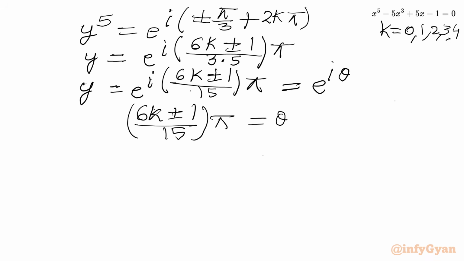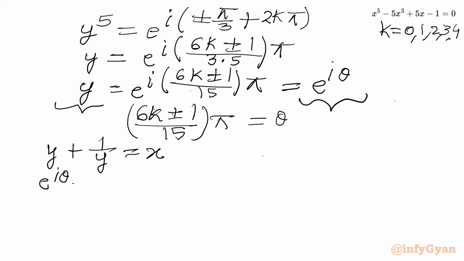Now we will consider y plus 1 over y. This was our substitution x. If y is equal to e raised to the power i theta, then I can write e raised to the power i theta plus e raised to the power minus i theta equal to x, and this is nothing but 2 cos theta.